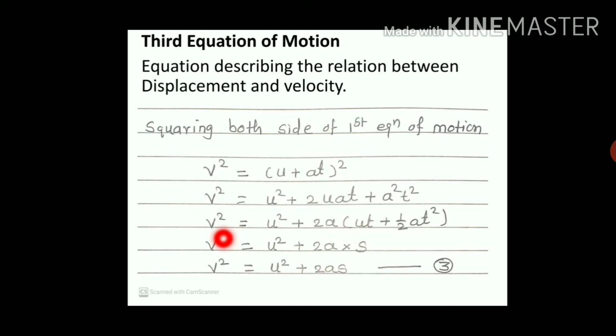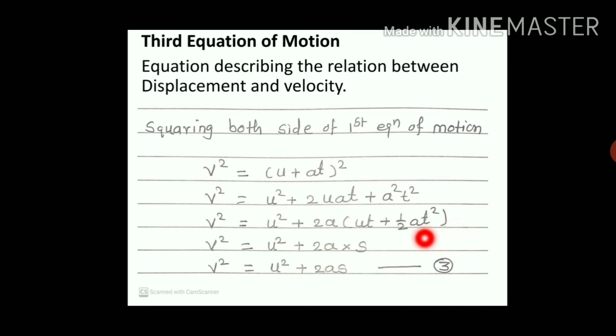Now V square is equal to U square plus 2AS. This is the last equation, the third equation of motion.